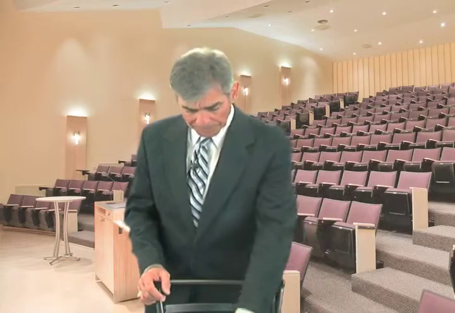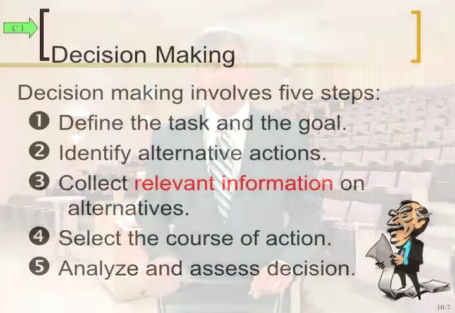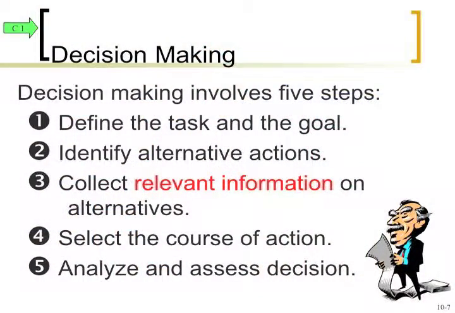So if we look at the steps of decision-making, notice again, we're going to define our task. What's our goal? What are we trying to accomplish? The second is we're going to look at alternative actions, because remember, you always have at least 2 choices.